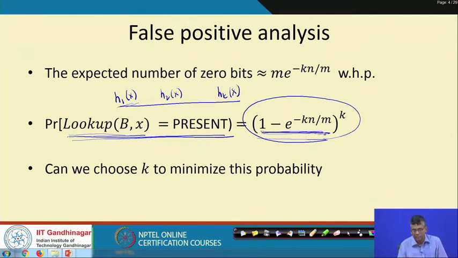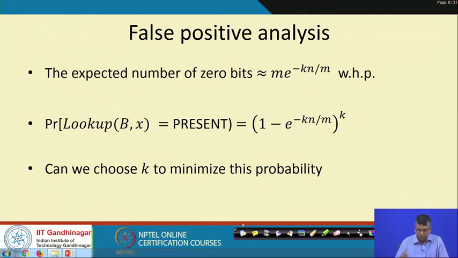So, the expression inside increases, but the power of k tends to pull the value down. So, the question is, is there a sweet spot? Can we choose k to minimize this probability?